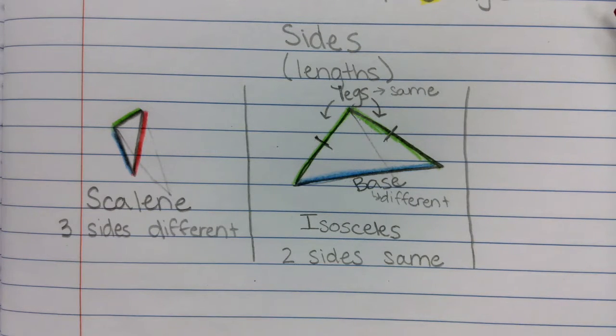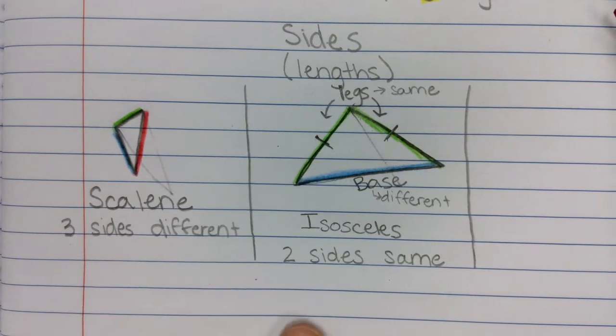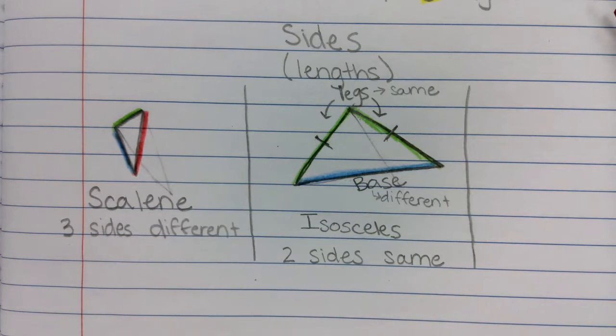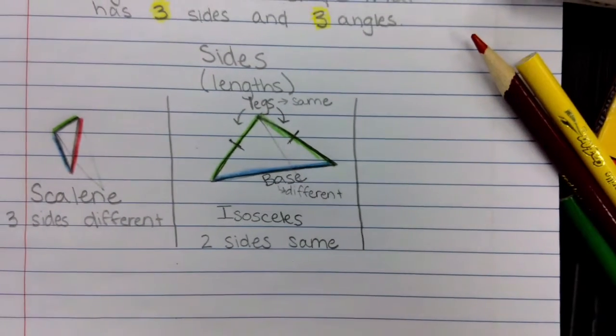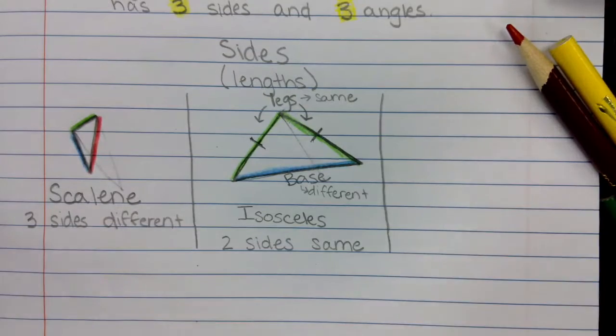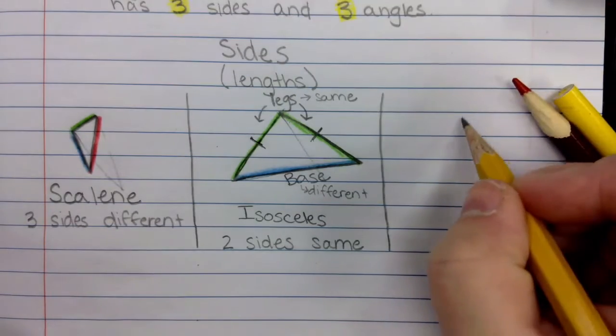Alright, so now we're at the point we have three sides are different, two sides are the same, and one is different. Can anyone think of what is our last combination? All three are the same, yeah. Okay, so our last one is where all three sides are the same. So you're going to try and draw it where all three are about the same.